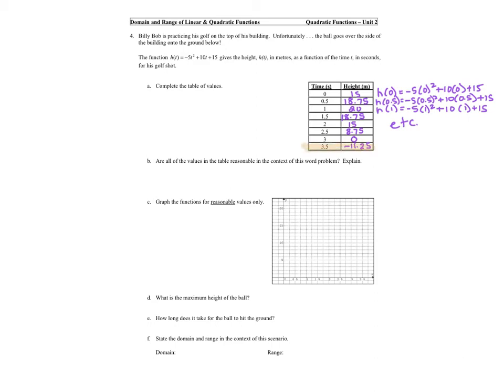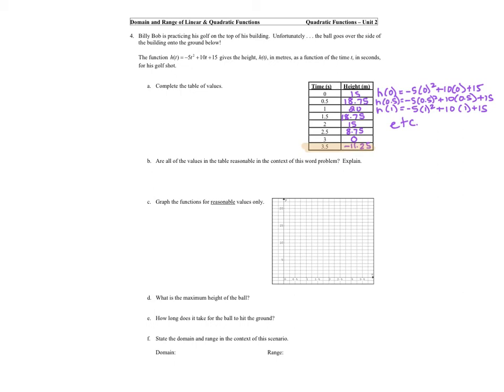We're assuming, because the ball is going down to the ground, that the golf ball is not going to go 11.25 meters below ground level. Maybe if they were throwing it into a pool, it could go into negative values, but it's going onto the ground, so your height can't be negative. Similarly, time can't be negative.